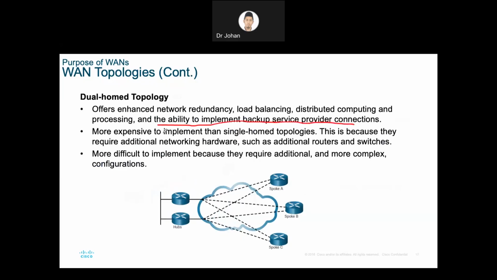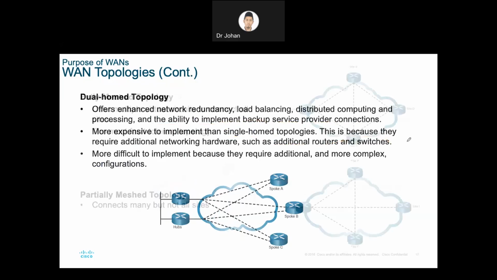It is more expensive to implement than single-homed topologies because additional network hardware such as additional routers and switches is needed. It is also more difficult to implement because it requires additional, more complex configuration, so it will affect the cost.